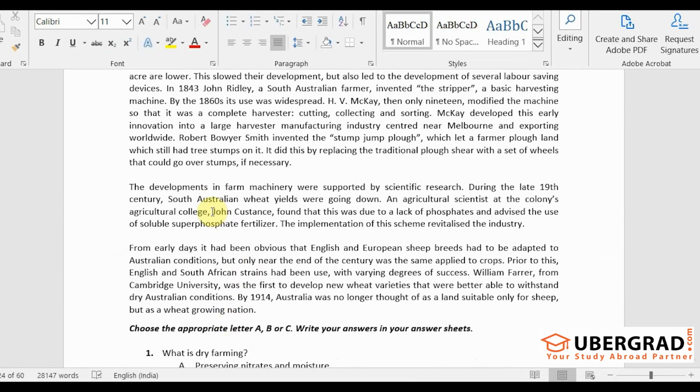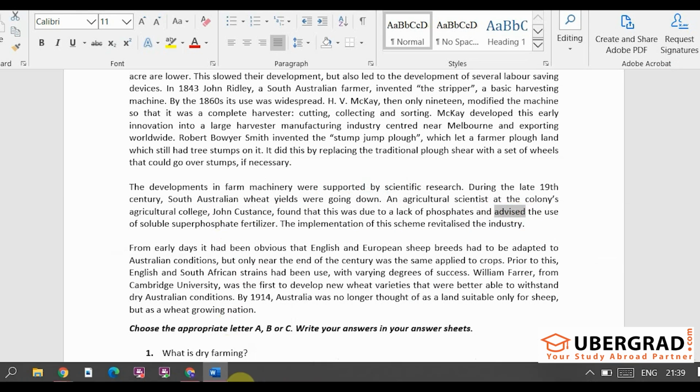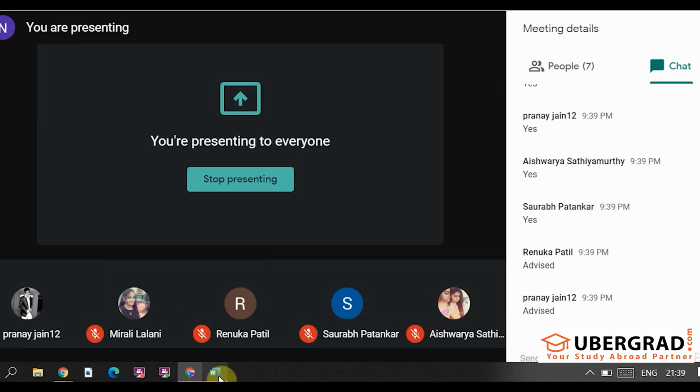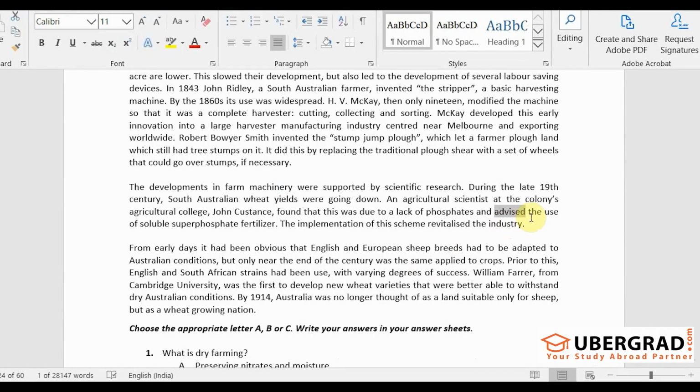Here is John Custance, right? What did he do? What did he recommend actually, right? So what is the word that is used instead of recommendation over here? I think all of you are able to trace this, right? Instead of recommended, they have used the word advised, right? Advised, good. So what did he advise? He advised the use of soluble superphosphate fertilizer.